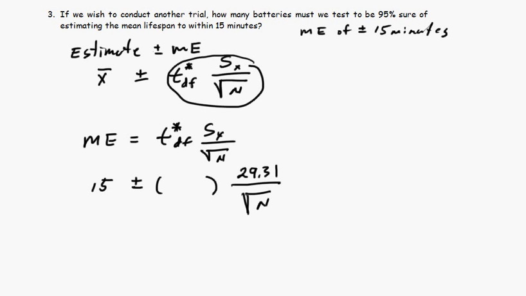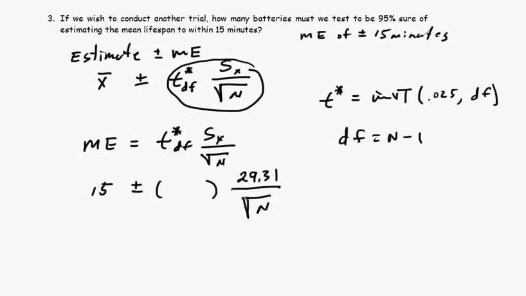Well, we want to say t star equals inverse t, and we want to give it a value. The alpha value would be 0.025, but for this function we have to provide the degrees of freedom, and the degrees of freedom is a function of n. So we're kind of in this little vicious circle. We're trying to estimate n, so what do we do here?